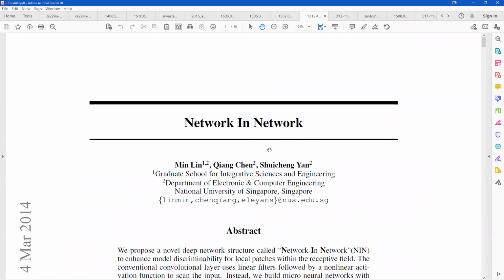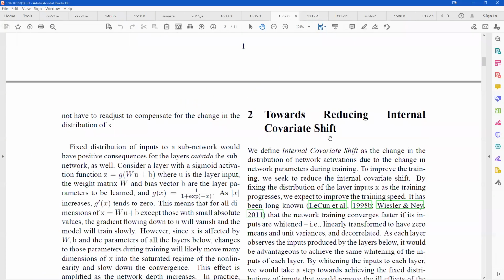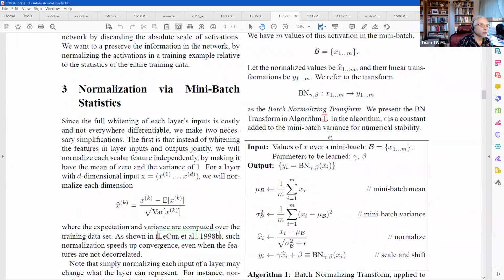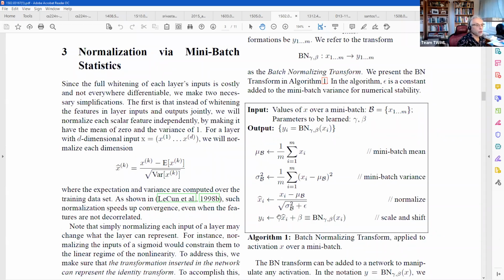Question, Joseph. Could you go down a bit on this paper with regard to the normalizing? What gets normalized, the input or the weights? The weights. Okay, and then what is scale and shift? These are two parameters that make some kind of an adjustment.